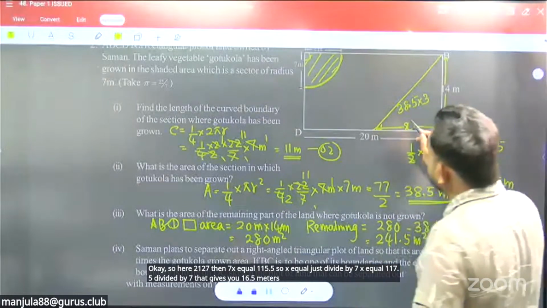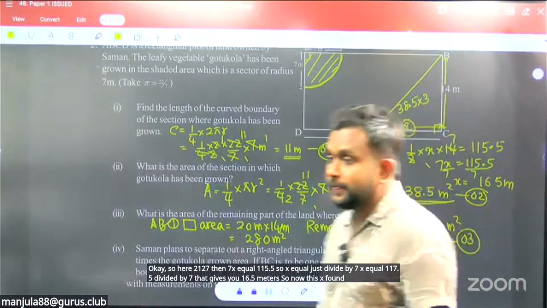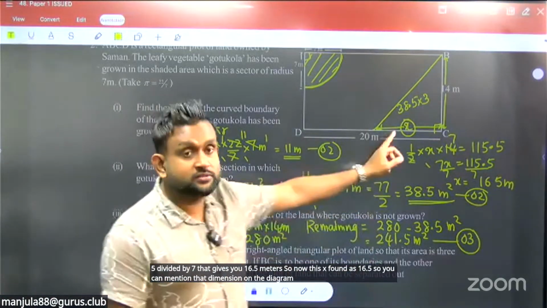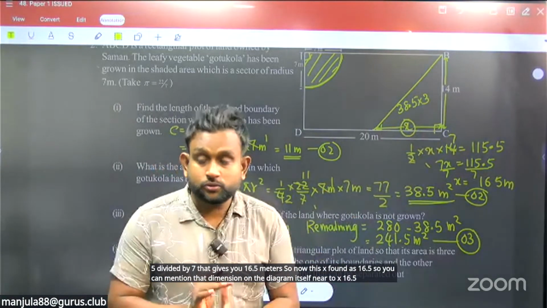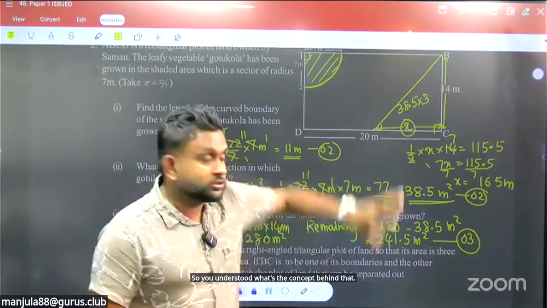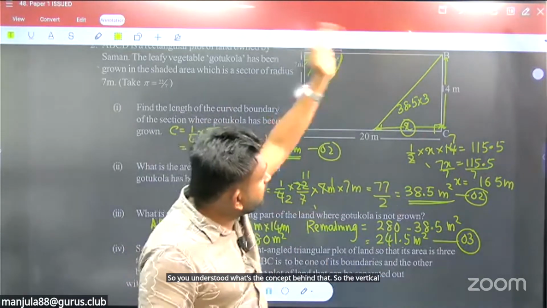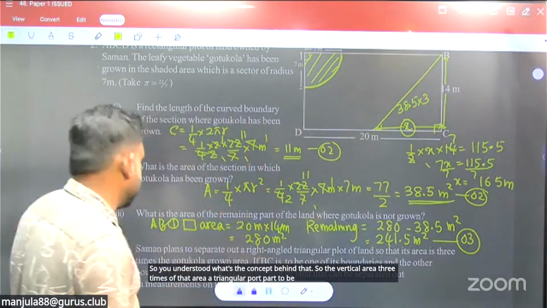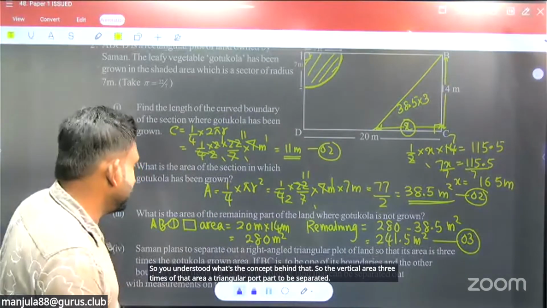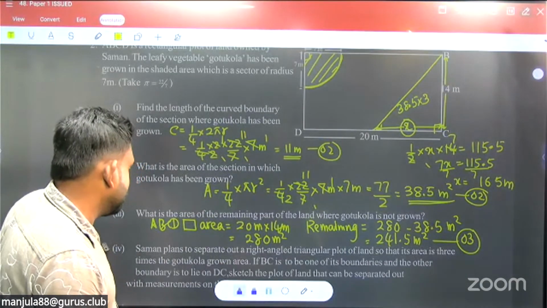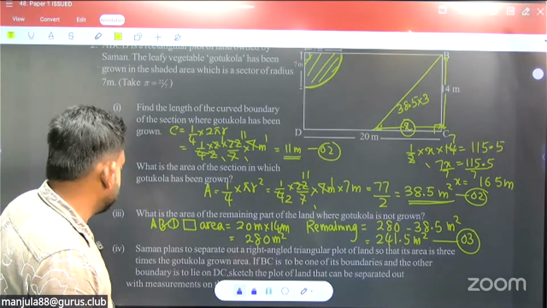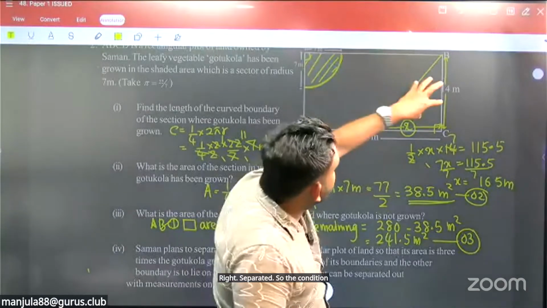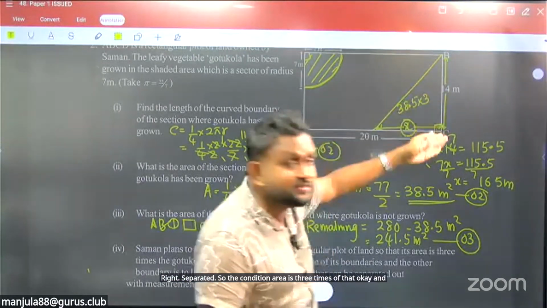So now this x is found as 16.5. You can mention that dimension on the diagram itself near x, 16.5. So you understood what's the concept behind that? The Gotukola area, three times that area, a triangular part to be separated. So the condition is the area is three times that, and one boundary is BC exactly.